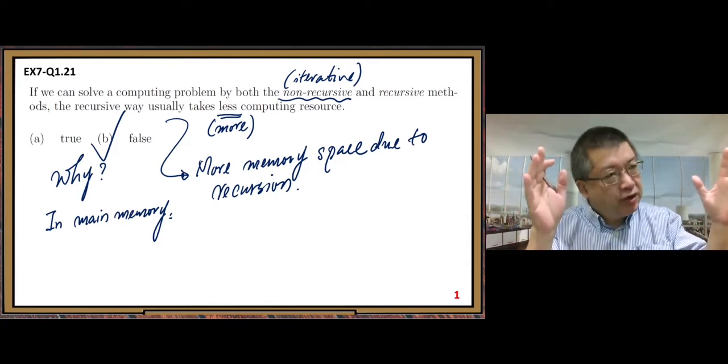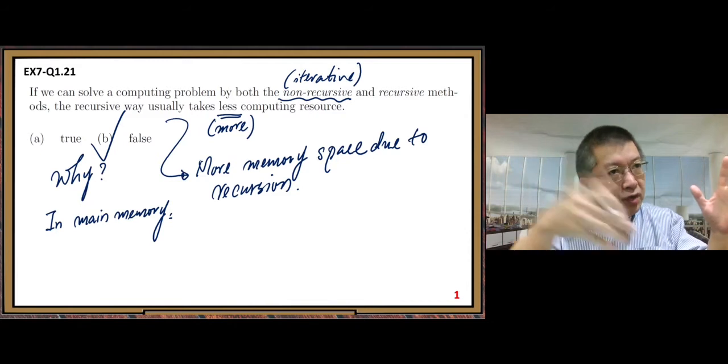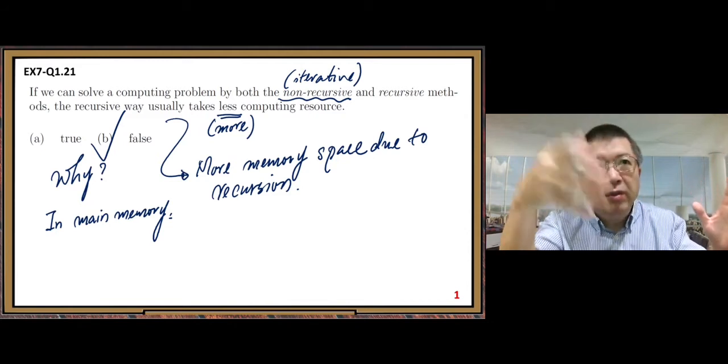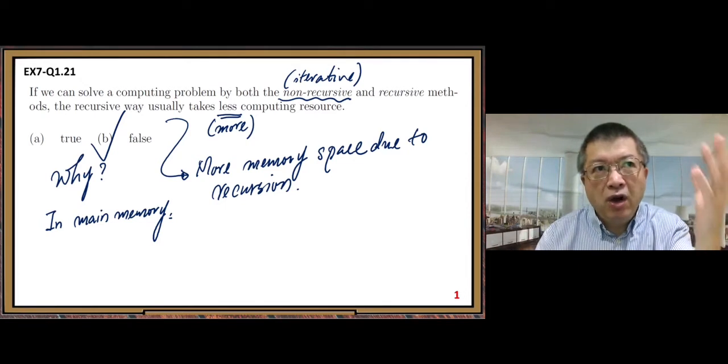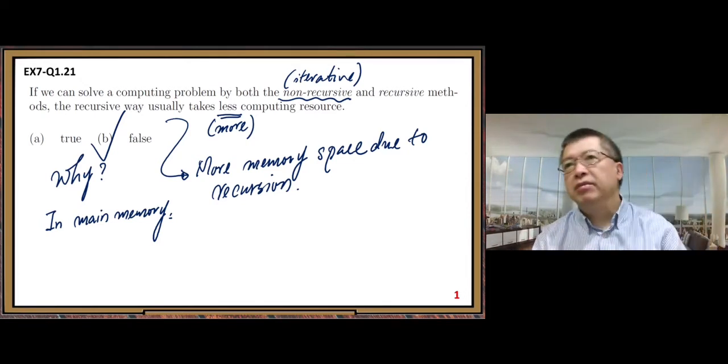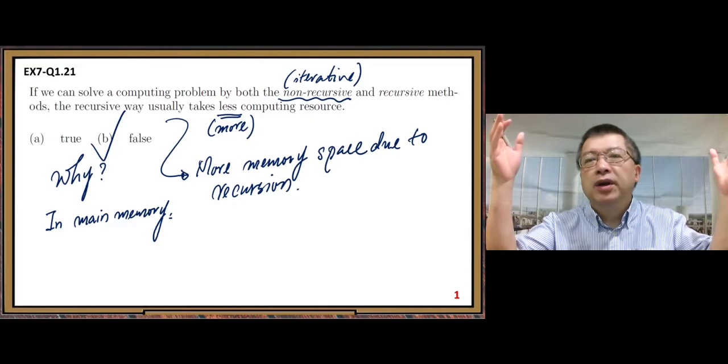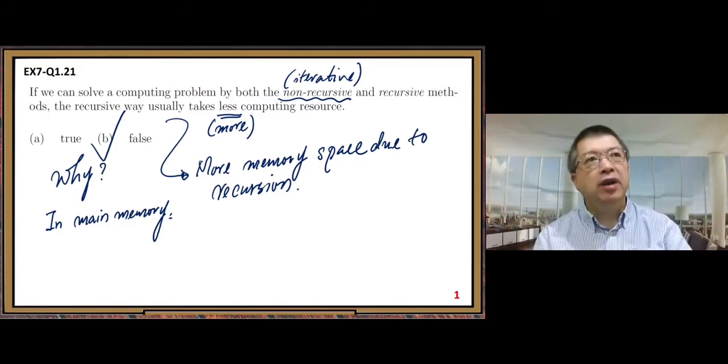A recursive function needs to call itself automatically, right? How to make that happen in a high-level language?